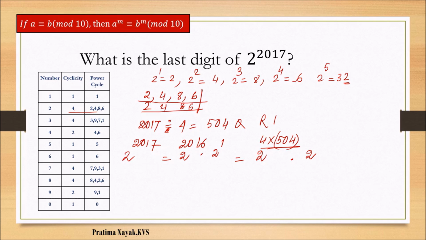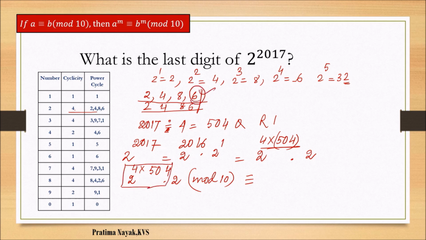So I'll take the modulus now, modulo 10. So 2 raised to the power 4 into 504, into 2, modulo 10 is congruent to, now see this one, it is completing cycle of 4. So when completing cycle of 4, the end is 6.